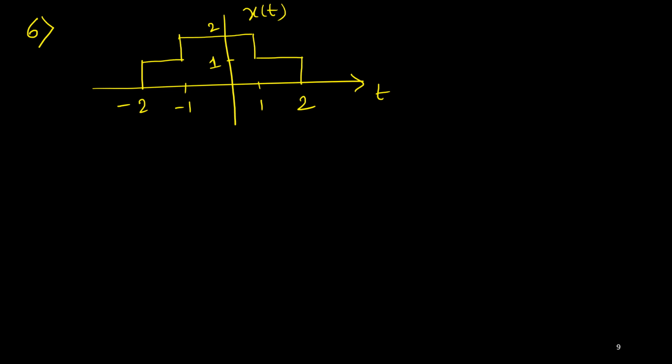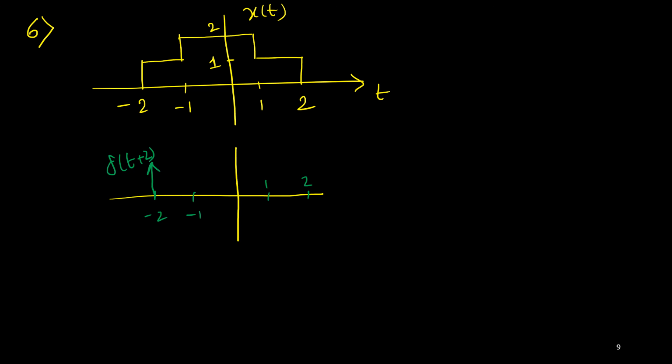If you take the derivative of this signal, what will you get? The derivative signal will contain impulses at minus 2, minus 1, plus 1, plus 2. There is a change here from 0 to 1, so there's one impulse, delta t plus 2.